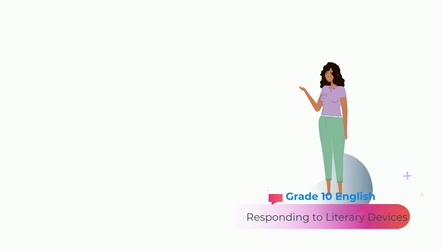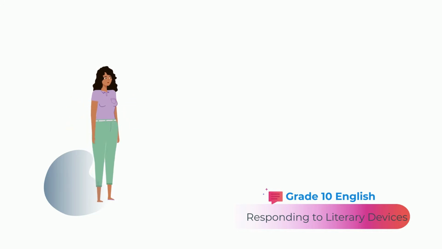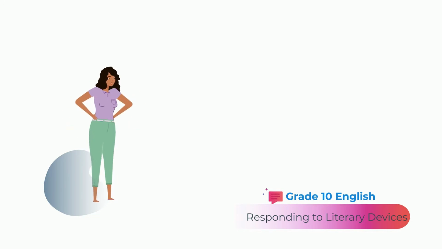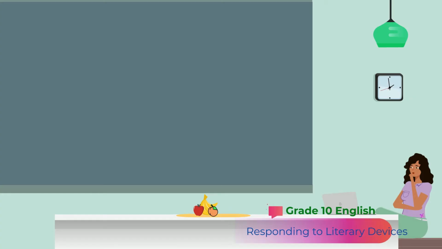I have found that students know something about devices at this level, but the problem comes when they are asked to comment on their effectiveness. Students are often confused when asked to write about the effectiveness of devices. This lesson will help you to respond more accurately to three commonly used devices.